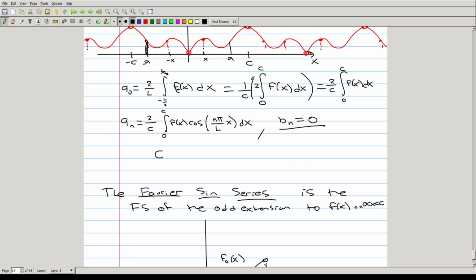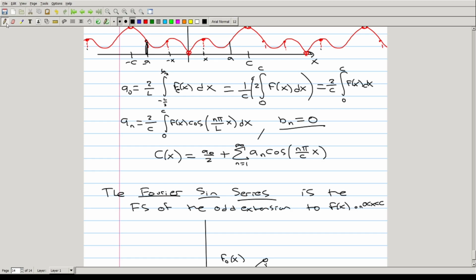So the Fourier cosine series, sometimes noted C of x, will be a0 over 2 plus the summation from n equals 1 to infinity of an times cosine of n pi over c x.